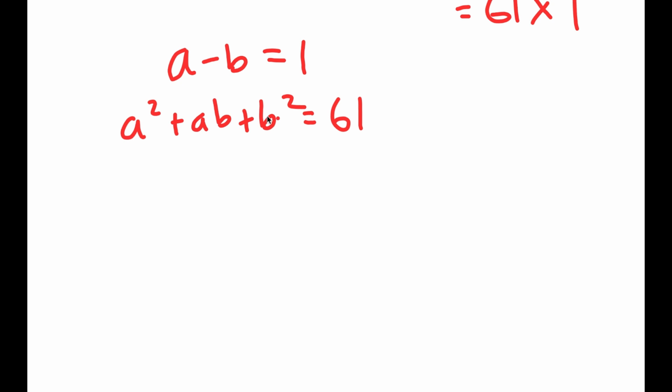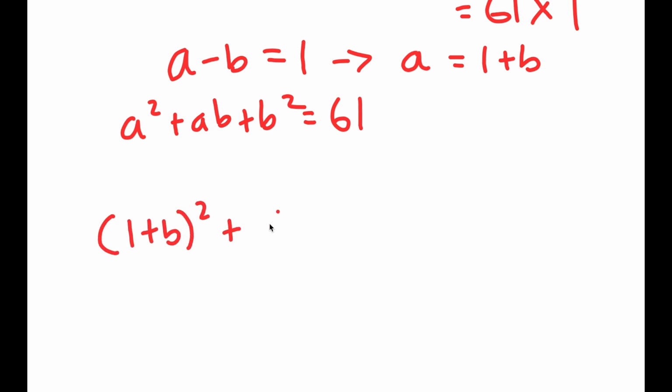So now with this knowledge, I'm going to use a minus b equals 1 to get a is equal to 1 plus b. And I'm going to plug this in to this equation. So I get 1 plus b squared plus 1 plus b times b plus b squared is equal to 61.